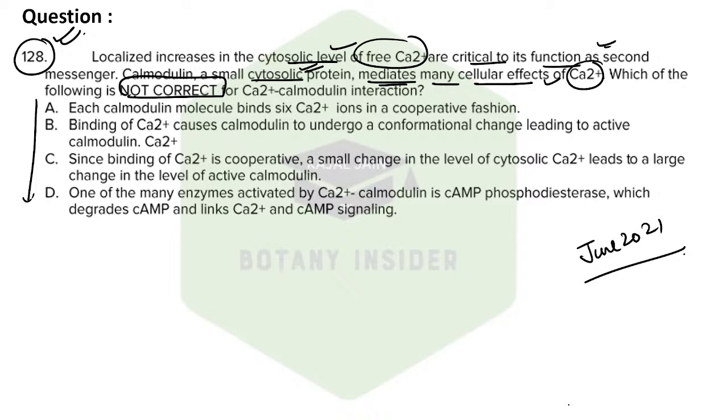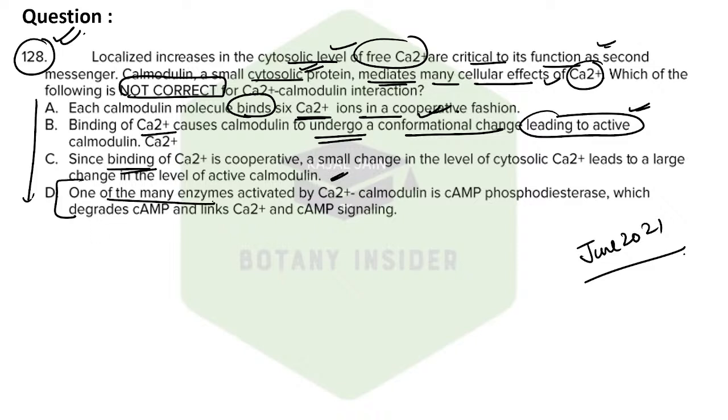First option: each calmodulin binds to six calcium ions in a cooperative fashion. Then binding of Ca2+ causes the calmodulin to undergo a conformational change leading to active calmodulin. Since the binding of Ca2+ is cooperative, a small change in the level of cytosolic Ca2+ can lead to a large change in the level of activated Ca2+-calmodulin.